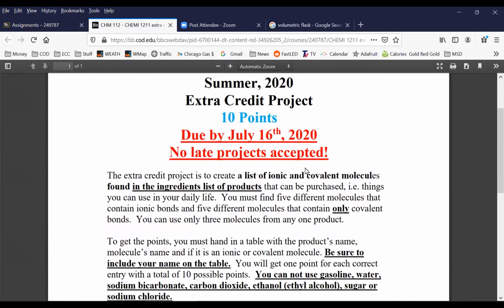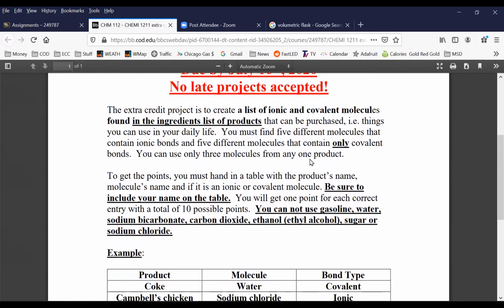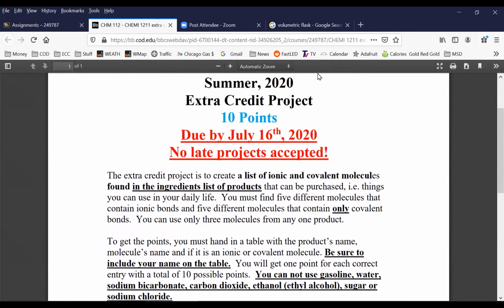This is a firm deadline. The project is extra credit, and if you notice, it is 10 points. And how do you get those 10 points? Well, let's find out.